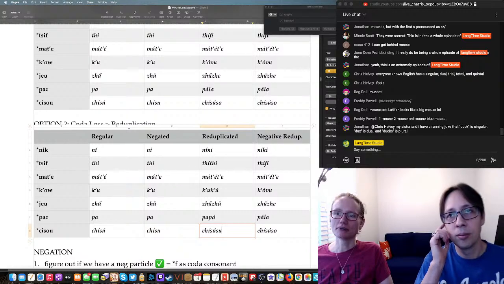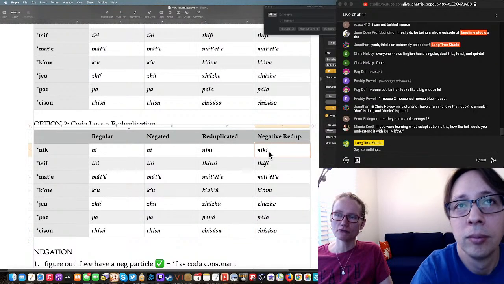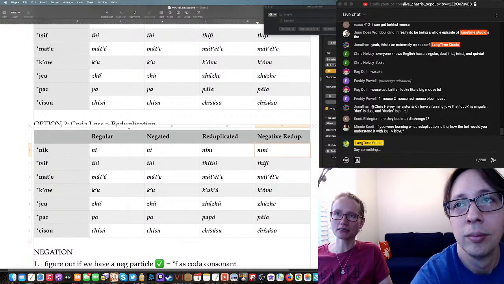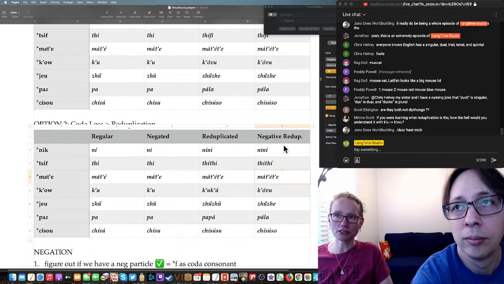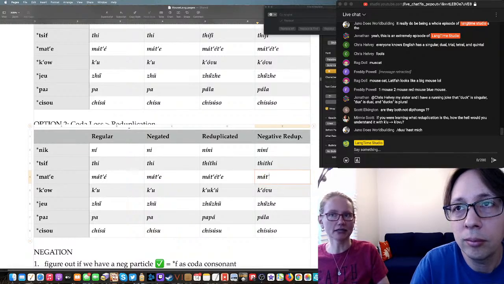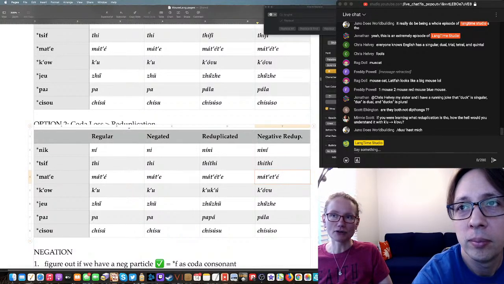So here's the thing about the reduplication. Regardless, if we go for the more complicated strategy, infrequent verbs, their protoforms will be totally lost to history at some point because they just don't show up enough. So at some point, the reduplicated form will be regularized if they're not frequent enough.